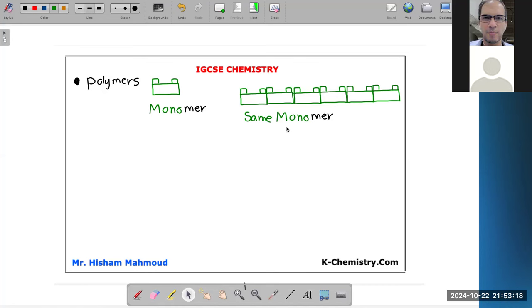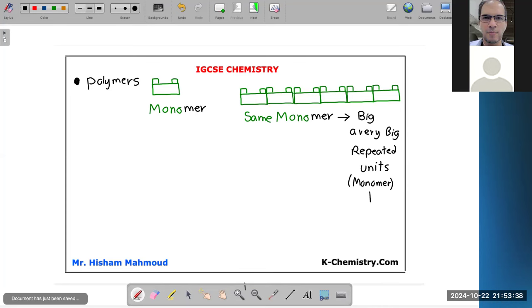You join them together, the same monomer again and again and again until you make a big or maybe a very big structure. This structure is repeated units. What is the name of each unit again? Monomers. They make a very big structure. The structure name is a polymer.